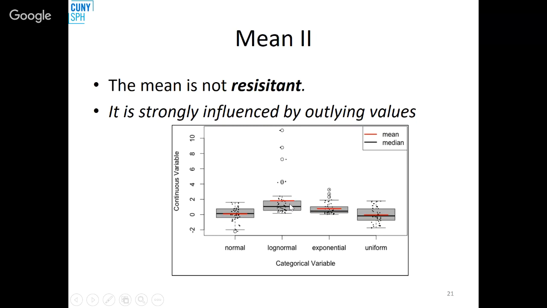If you think back to your math classes, you know that the exponential function is a rapidly increasing function. So differences in your original scale become products once they're exponentiated.